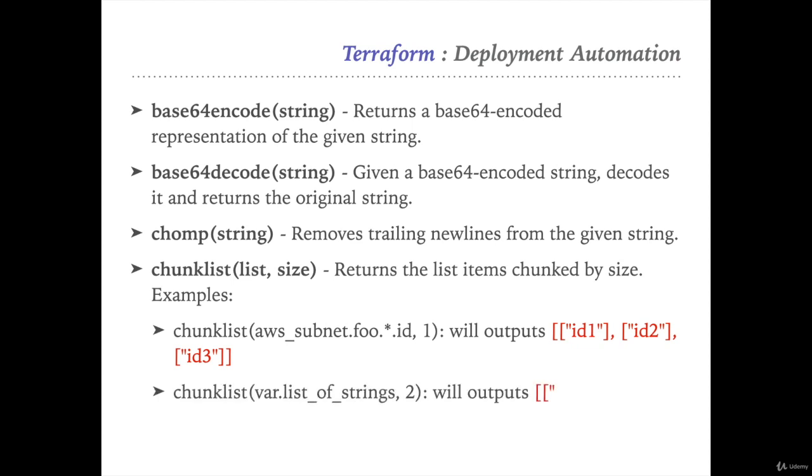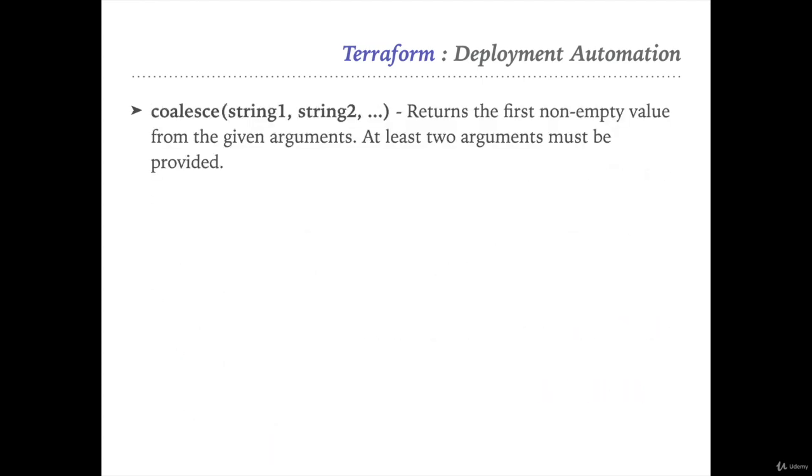But if we provide chunklist of a variable of strings and define the size as 2, then the output will be chunked, and each inner list will have two elements. So if there are 5 elements, the first list will have id1 and id2, the second will have id3 and id4, and the last one will have id5. So chunklist will chunk the list as per the given size. The next function is cidrsubnet.